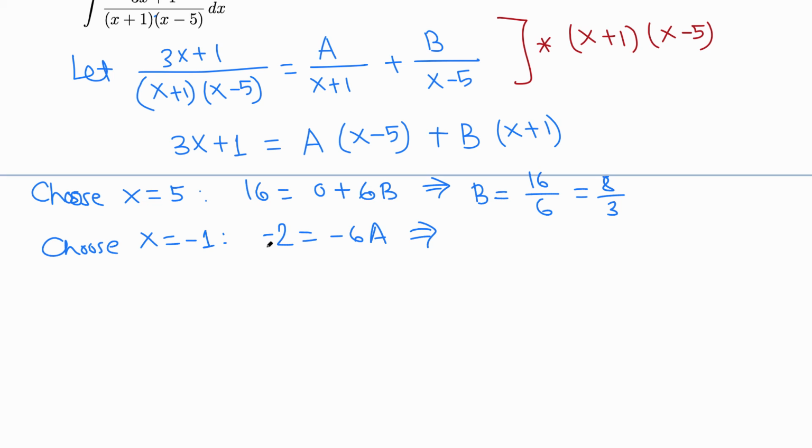Now we divide both sides by negative 6, so A is negative 2 divided by negative 6. Negatives cancel, so 1/3. So this fraction is in fact A over x plus 1, so 1/3 over x plus 1 plus 8/3 over x minus 5.